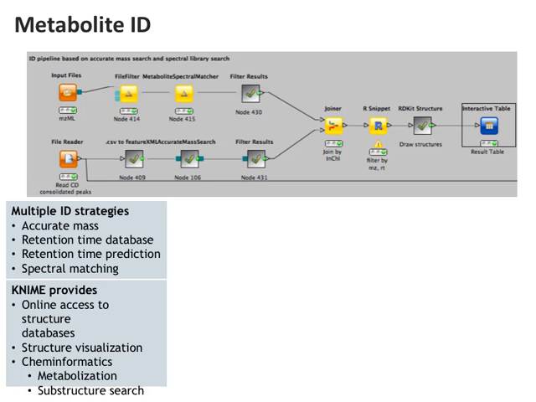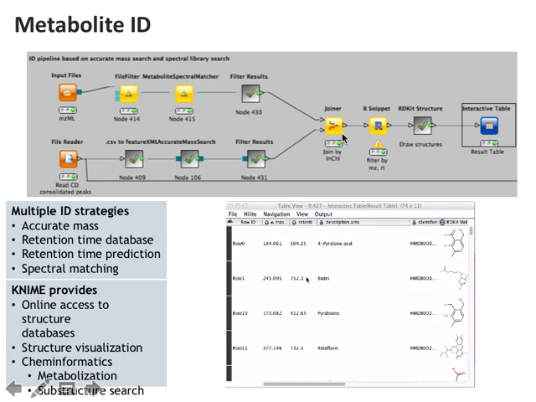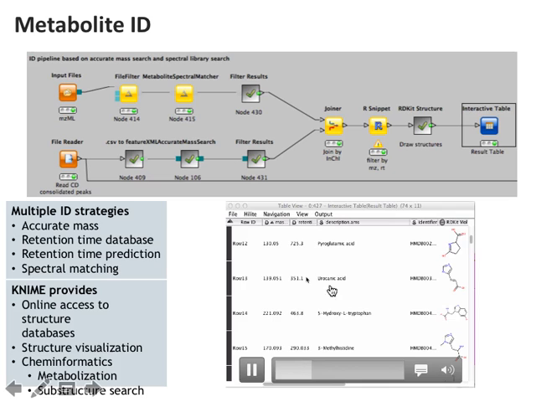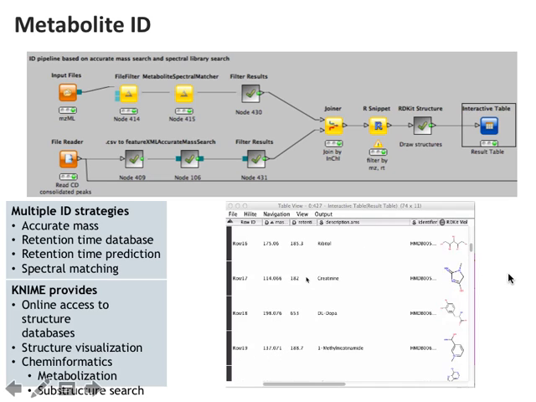Suffice to say that in this case, we do the spectral matching and accurate mass search in parallel, and these results will be joined and entered in one table per feature, so that you have at least identification hypotheses. And here it comes in handy that KNIME was originally developed for cheminformatics, so it can natively render structures of metabolites, which is kind of neat, at least for chemists.